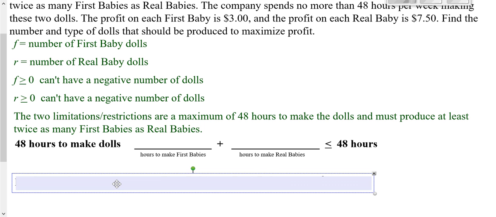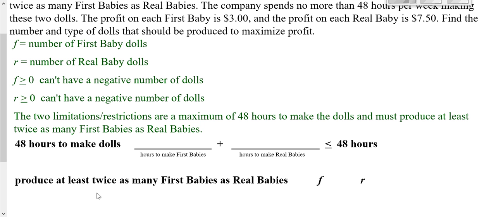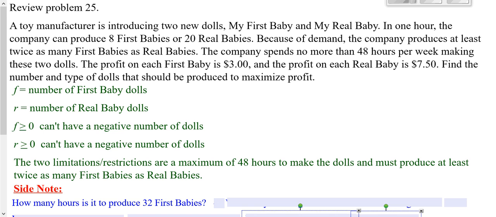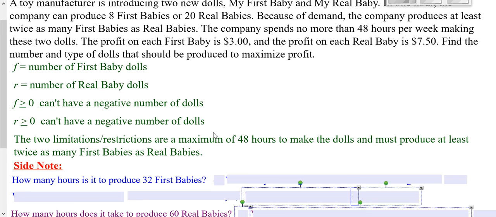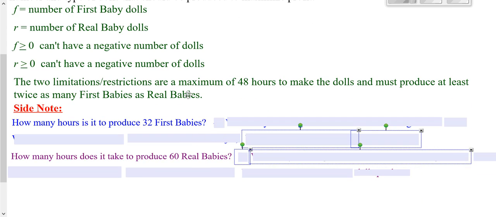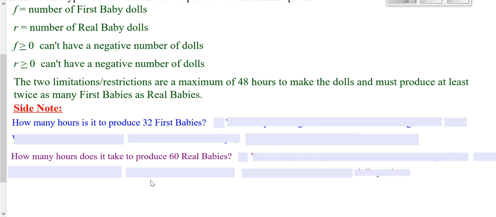We also have our other restriction that we need to produce at least twice as many first babies as real babies. And we'll work out our inequality here in a little bit. But we're going to do a side note now so that we can understand that first equation of how many hours we're using for each one.